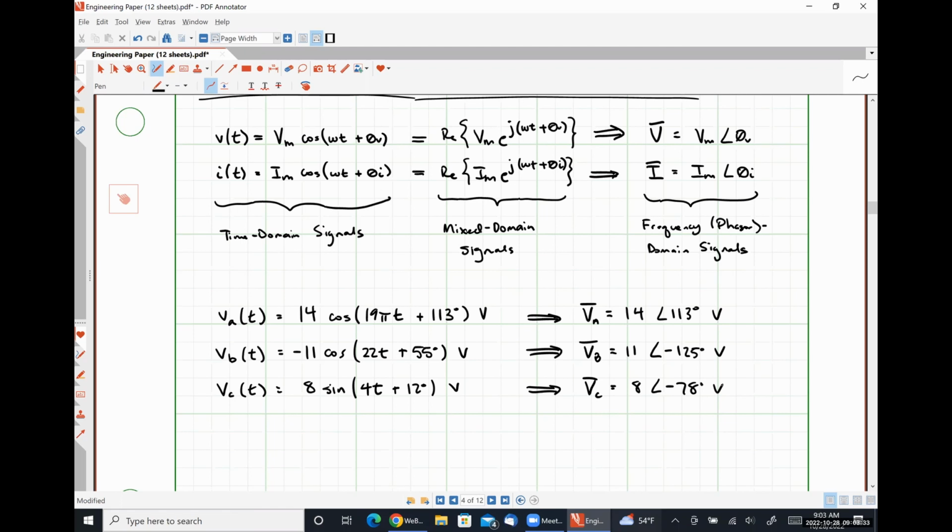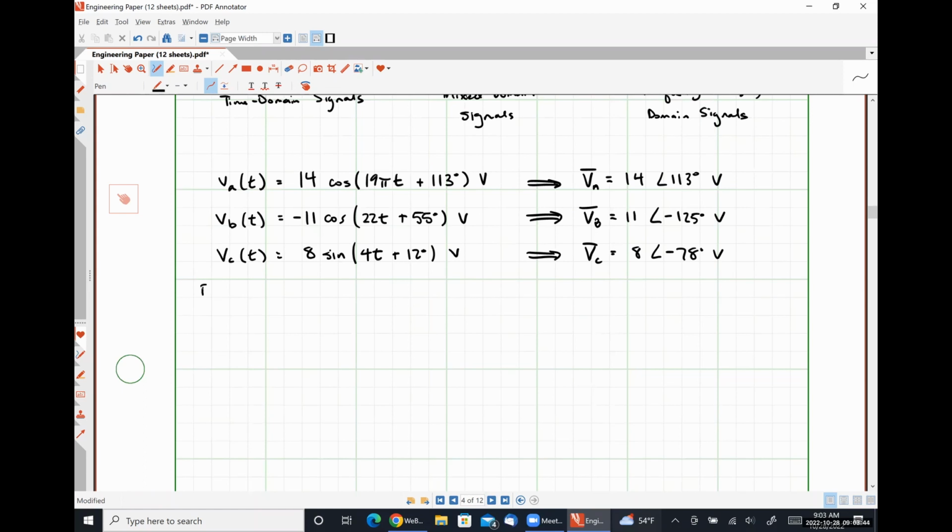So what I'm going to do now is develop phasor relationships for our circuit elements. We're going to start with a resistor.